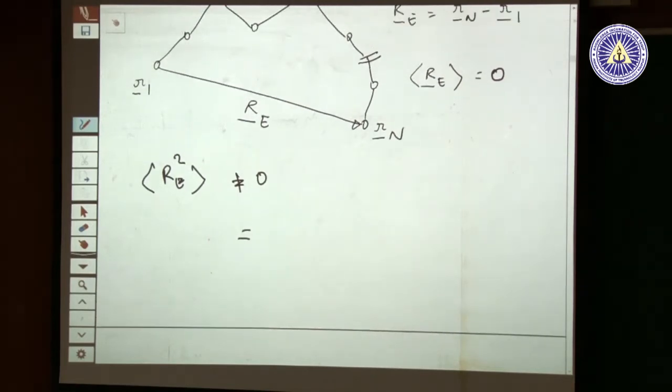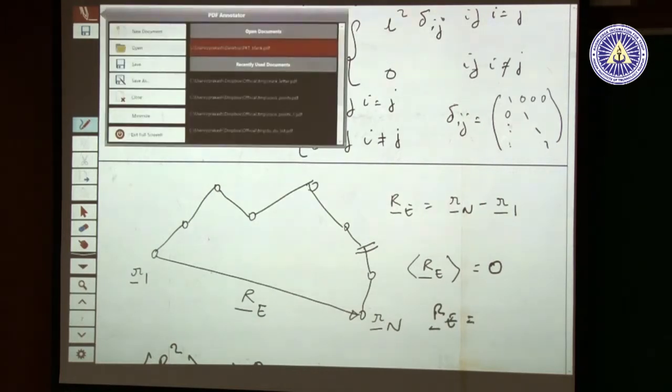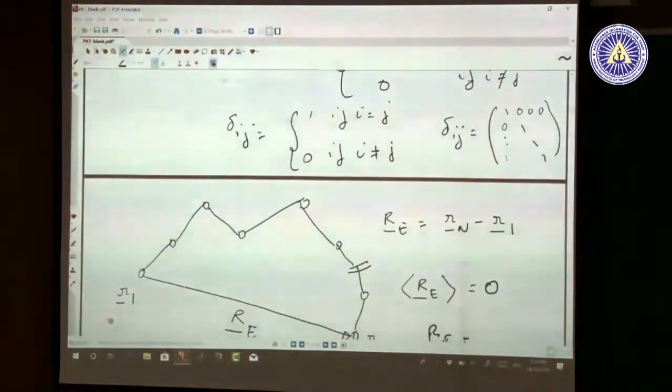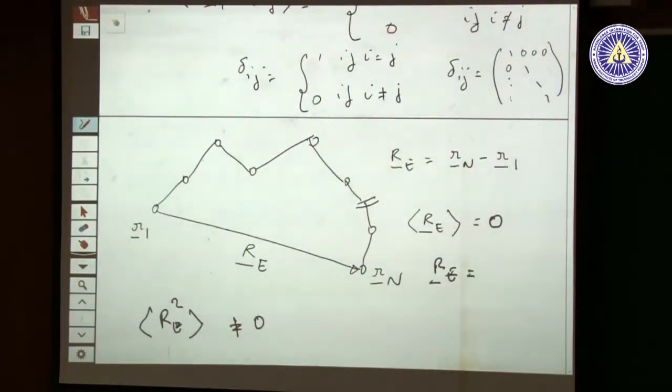You could either write it as Rn minus R1, or you could write Re as the sum from i going from 1 to n minus 1 of Li, right.